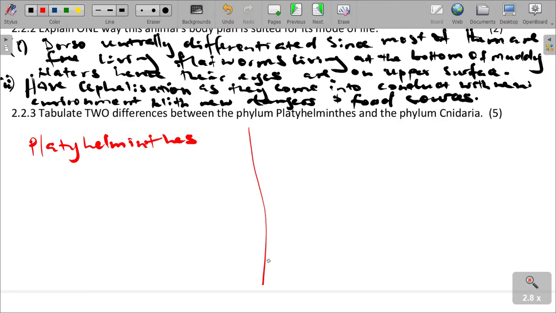Draw a table there, and then we have the Cnidaria. And then we want to give the differences.